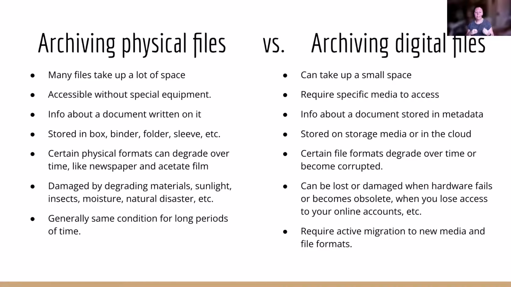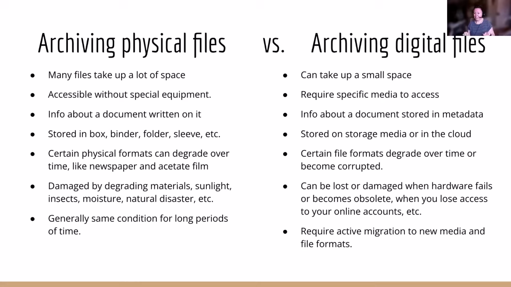Certain physical formats can degrade over time, like you think about newspaper or acetate film is going to degrade over time. And likewise, certain file formats will degrade over time or become corrupted, or you aren't going to be able to access it. Physical files can be damaged by degrading materials, sunlight, insects, moisture, natural disaster, those kinds of things.